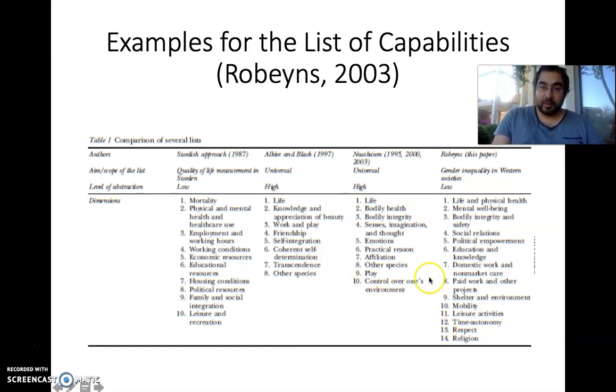This one is Nussbaum's list, and she also talks in detail on the items of the list, or needs that are mentioned on the list, and discusses this a little bit, so it can be a framework that could be created further to develop ways to measure the items on the list.